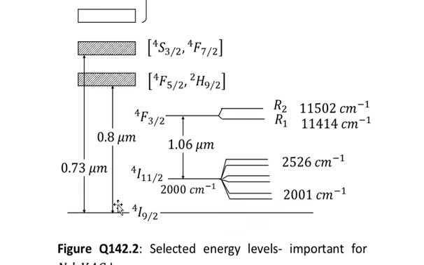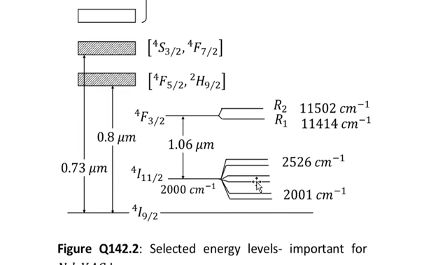The ground state of the Nd-YAG system is 4I9/2, the lowest ground state. The state from which the lasing action takes place, the upper laser level, is 4F3/2, which is split into two levels, R1 and R2, whereas the intermediate level, 4I11/2, is split into six levels.